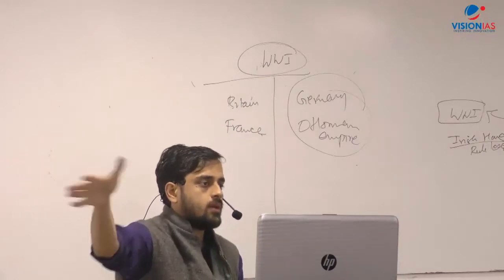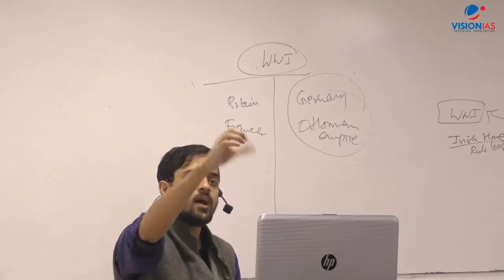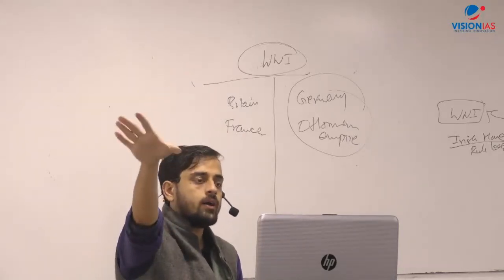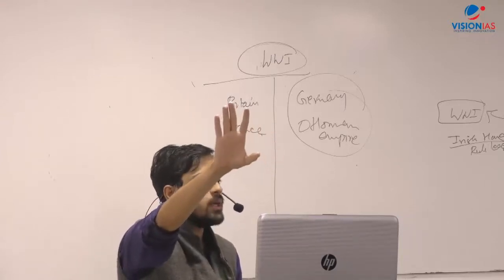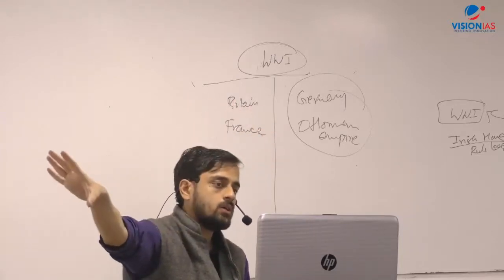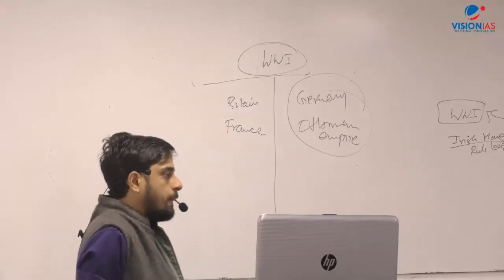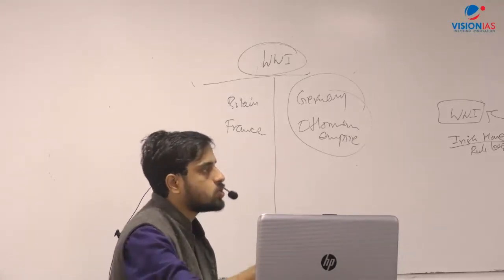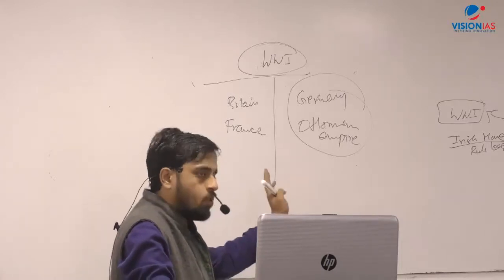It extended through the whole Gulf region, whether you see Syria, Jordan, Saudi Arabia, or Yemen, all of that, including Turkey, was a part of the Ottoman Empire. So the Ottoman Empire was a large empire which spanned almost the whole of West Asia. But this was before World War I.